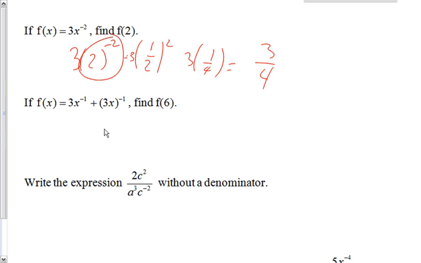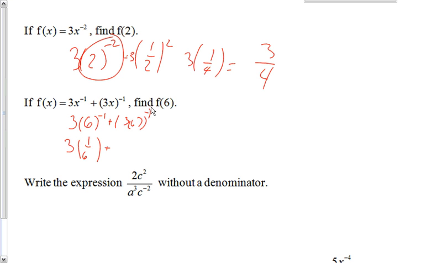All right, here we go. If I have 3 times, yeah, that's an e, that's not a 6, 6 to the negative 1 plus 3 times 6 to the negative 1. You can see the huge difference the parentheses make. This is the only thing getting reciprocated, so this is 3 times 1 over 6.